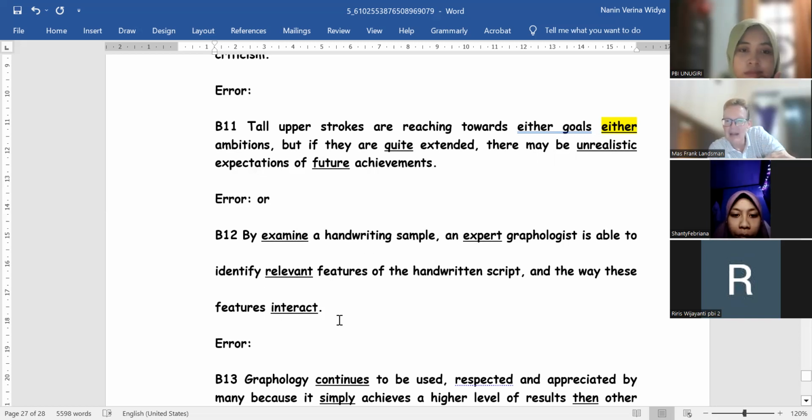Expert means ahli. That's okay. Jadi ahli tulisan tangan. Relevant, same in Indonesian. And the way these features interact is fine. They influence each other, ya, saling mempengaruhi. That's okay. But look at the beginning of the sentence.